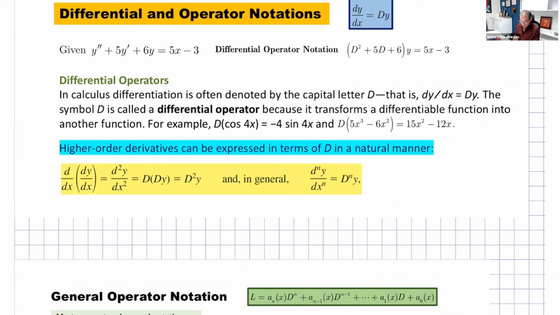For the second derivative, you just take the derivative of the first derivative, and that gives you d squared over dx squared. And if you're dealing with the differential operator, you can say D of D of y, and that's going to give you D squared y. And in general, that's the notation you have: the nth derivative can be written as D to the power of n times y.